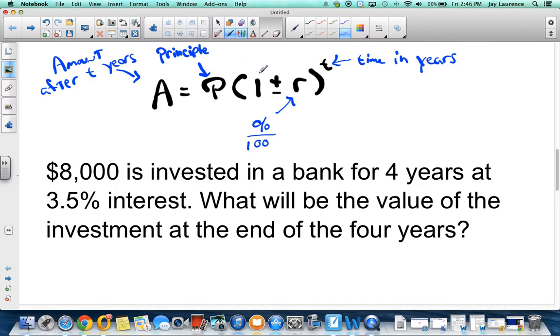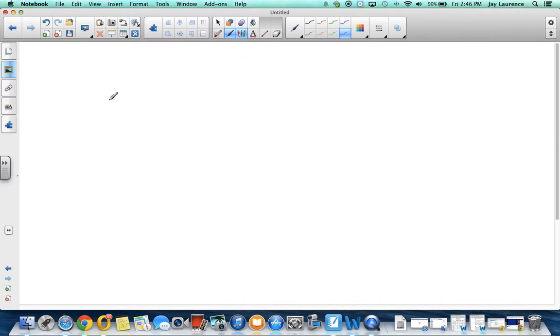Okay. Now, before I actually go and do a problem and show you how to use it, I want to talk about why there's a 1 in the middle here. So I'm going to go over here and A equals P times the quantity of 1 plus or minus R to the power of T. All right.